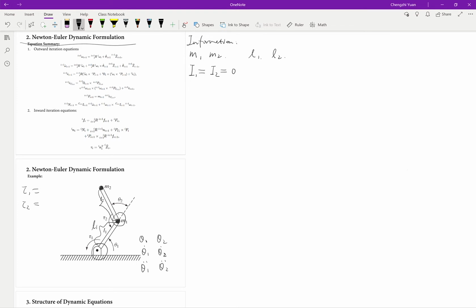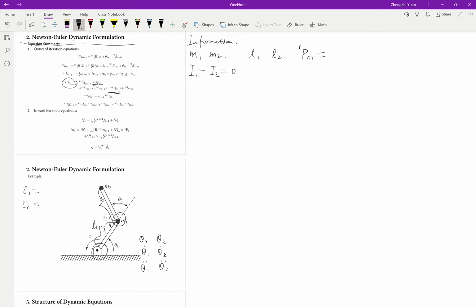What else do we need to know? We need the distance between the center of mass and the origin of the reference frame. For example, center of mass 1 is located here. What is the distance between this point and the origin of frame 1? We need this information in the calculation of the acceleration of the center of mass, if you look at the equations here.